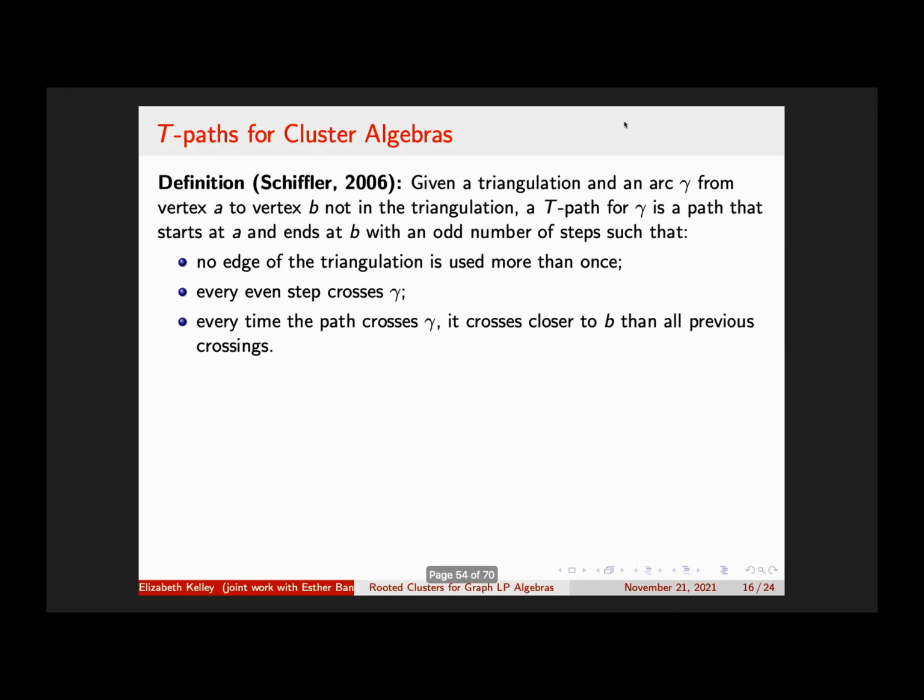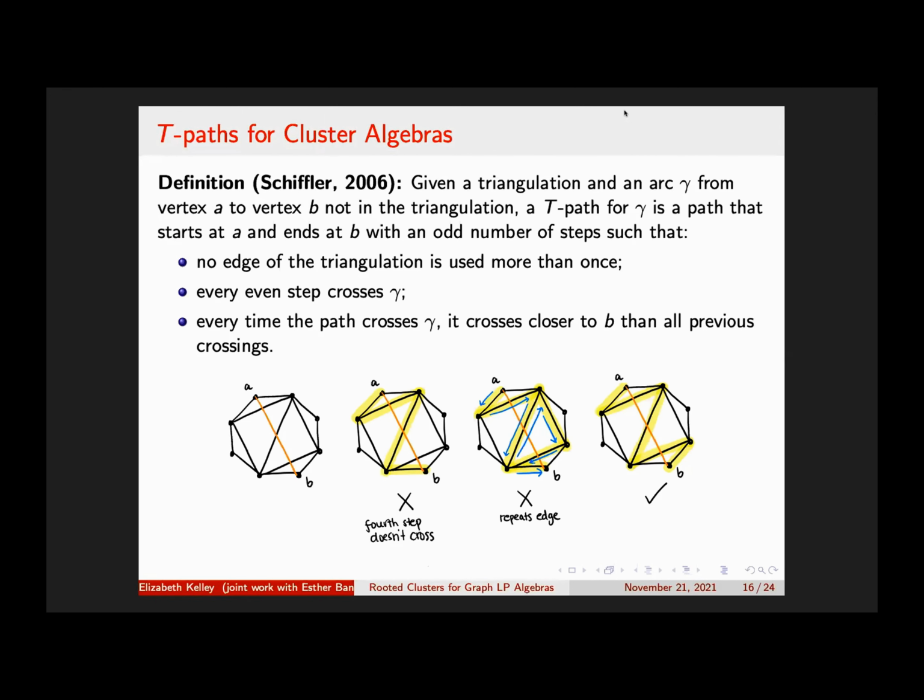And so you can define something on these polygons called a T-path. I'm not going to go through the rules, but basically, depending on the variable that you're trying to find a formula for, your original triangulation is going to encode the variables in your original cluster.